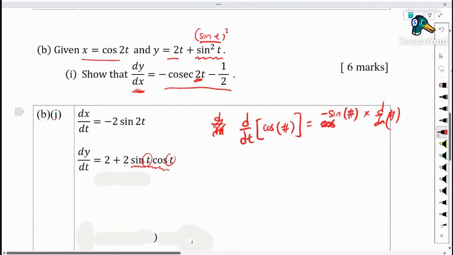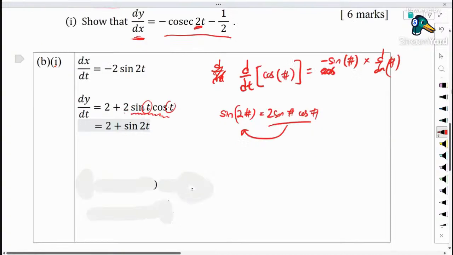Recall the double angle formula for sine: sine 2 theta is equal to 2 sine theta cos theta. So this one, reverse the process, and we get sine 2t. Once we get this done, proceed with our calculations. How to find dy/dx?